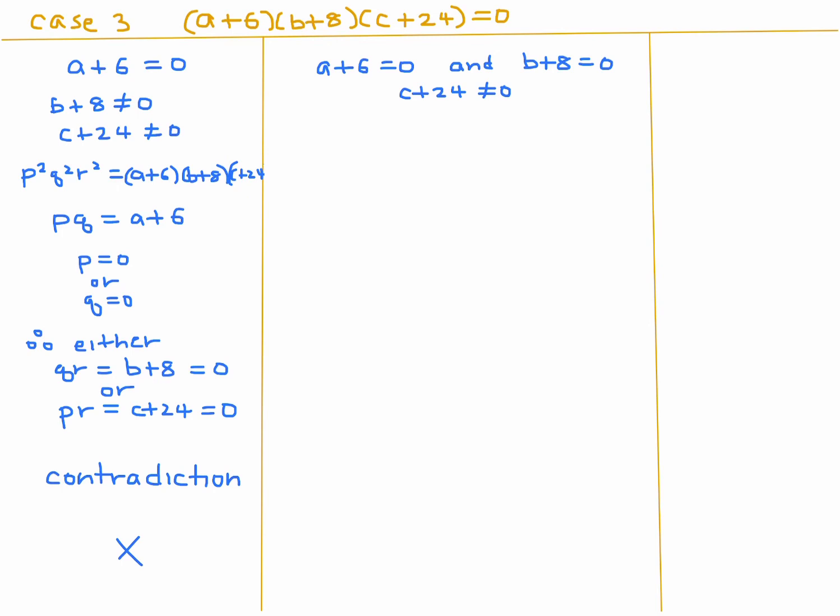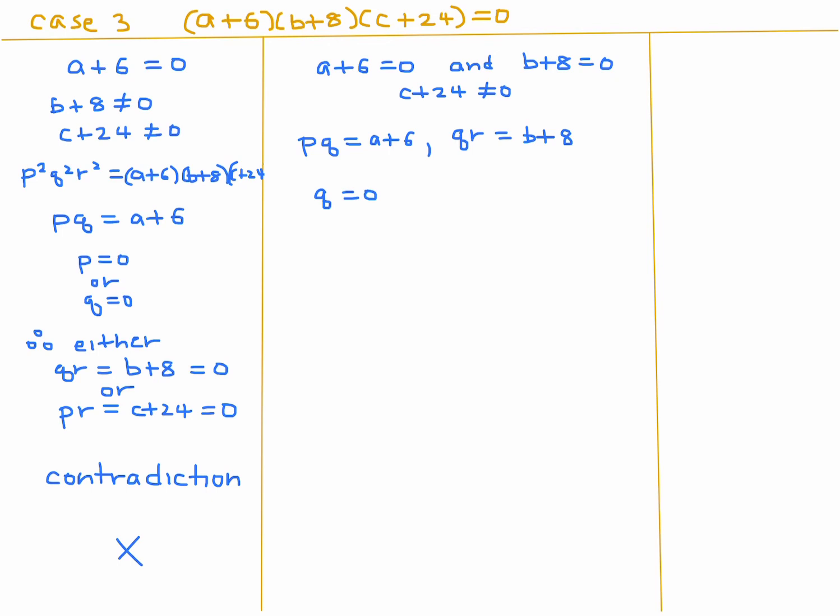Okay, so what is A plus 6? If you recall, it's P times Q. And what is B plus 8? If you remember, B plus 8 is Q times R. If those two are equal to 0, that means Q must be equal to 0, right?